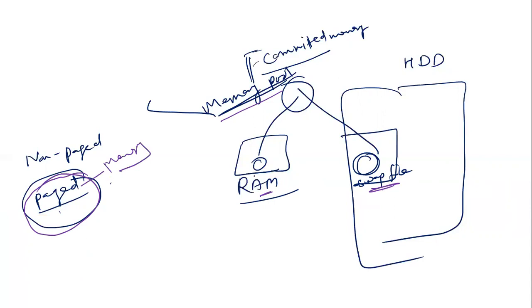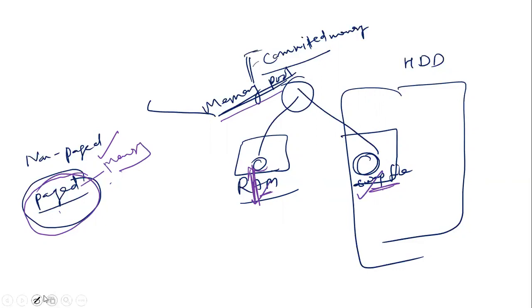If it is paged, it may be inside your RAM or it may be inside your swap file. But if it is non-paged, it's guaranteed that it is inside your RAM. Get the idea?